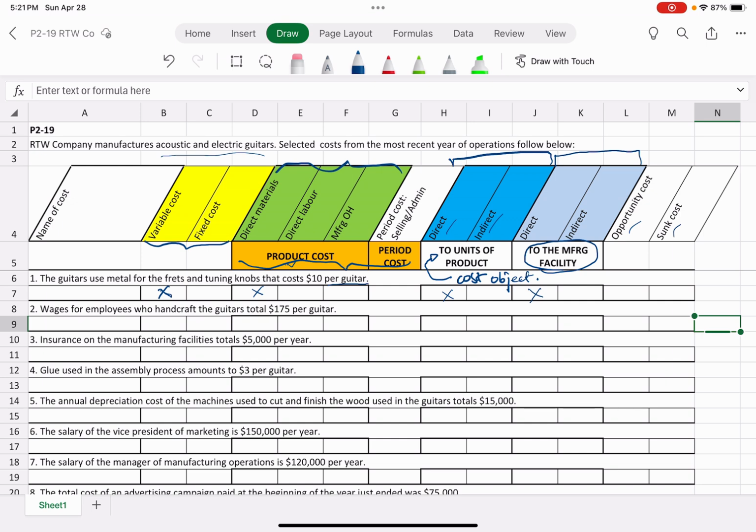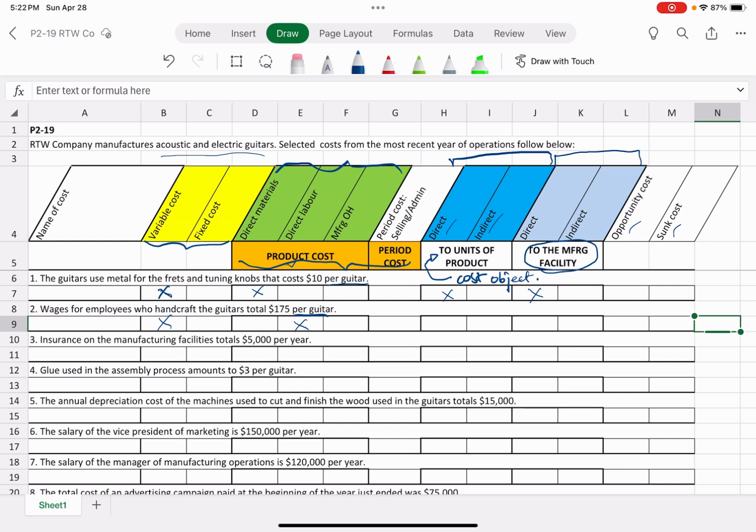Next cost, wages for employees who handcraft the guitars, total $175 per guitar. Again, you see the per guitar and you know that's a variable cost, not fixed. It's directly related to the guitar, so that makes it a product cost in this orange category, and we're going to further subdivide between the three green categories. And wages are clearly direct labor, so it falls into that classification.